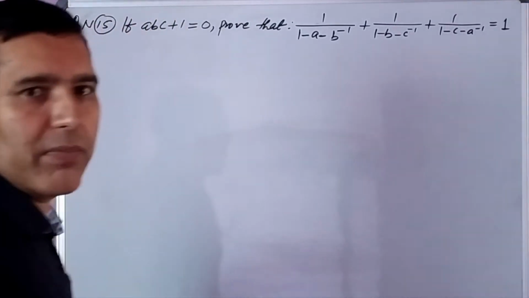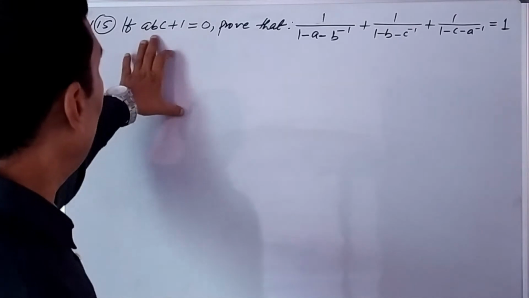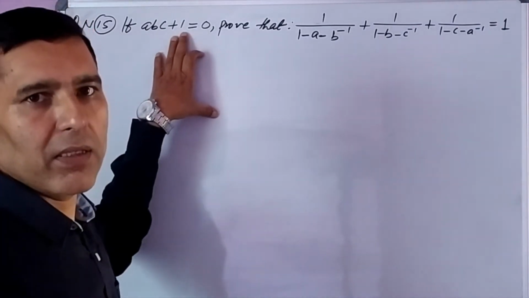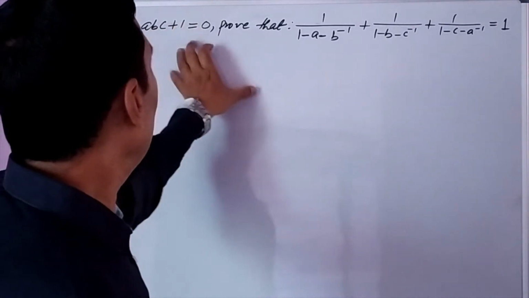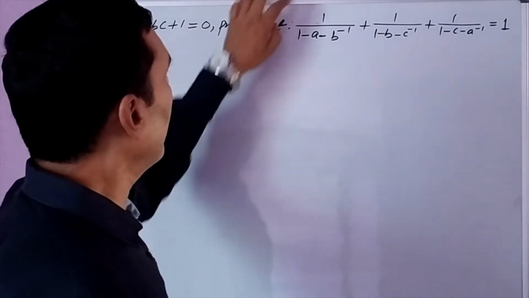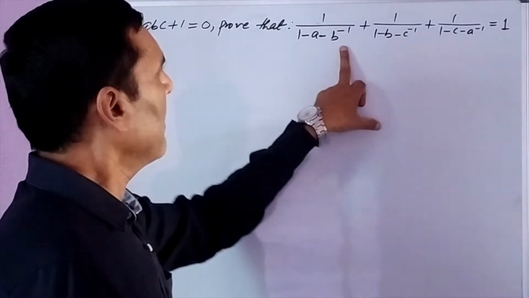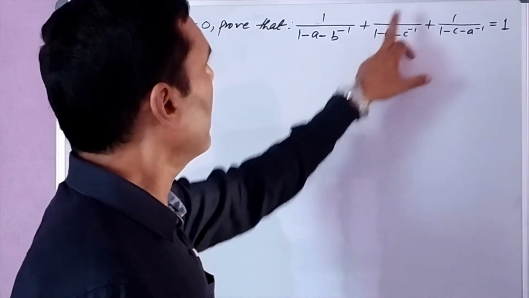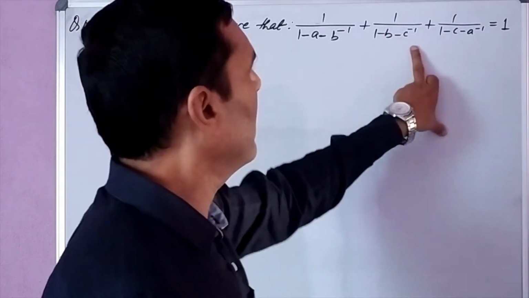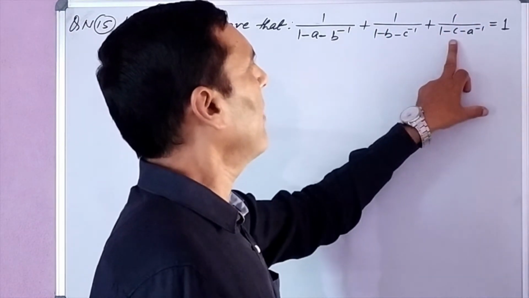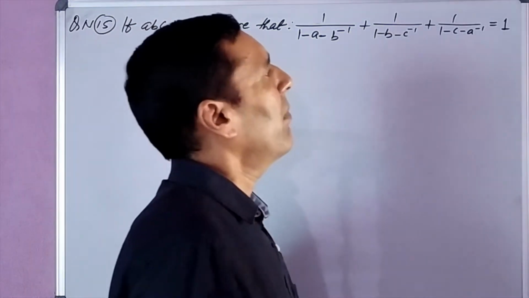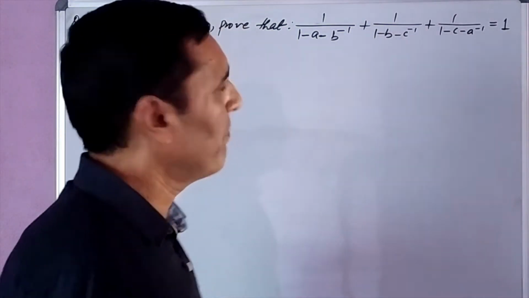Question number 15 from indices. It is given that abc plus 1 is equal to 0, and with the help of this we have to prove 1 upon 1 minus a minus b to the power minus 1, plus 1 upon 1 minus b minus c to the power minus 1, plus 1 upon 1 minus c minus a to the power minus 1, is equal to 1.